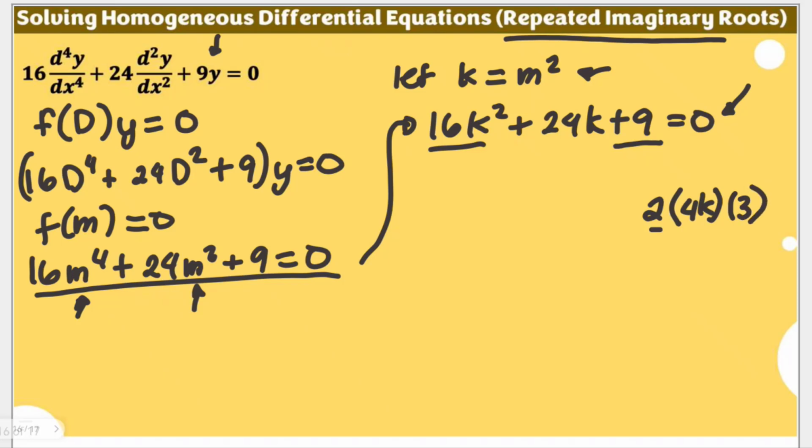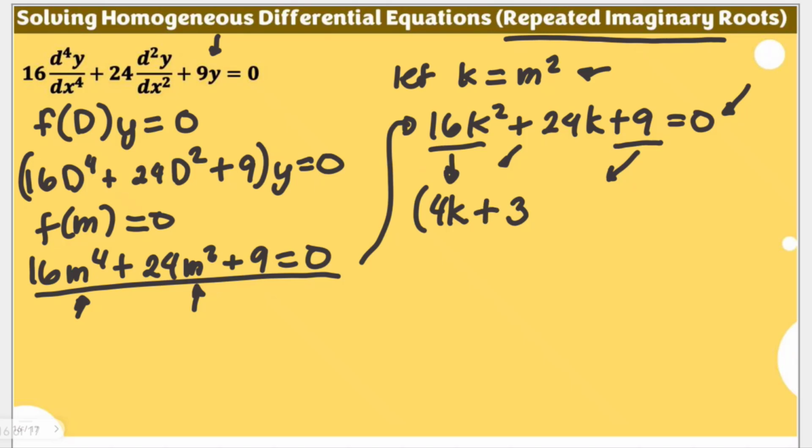We have 2 times 4 is 8, times 3 is 24k. Hence, we can simply take the square root of the first term, 4k, the square root of the last term, 3, and the sign of the middle term, plus. That's the factor of our given quadratic equation.